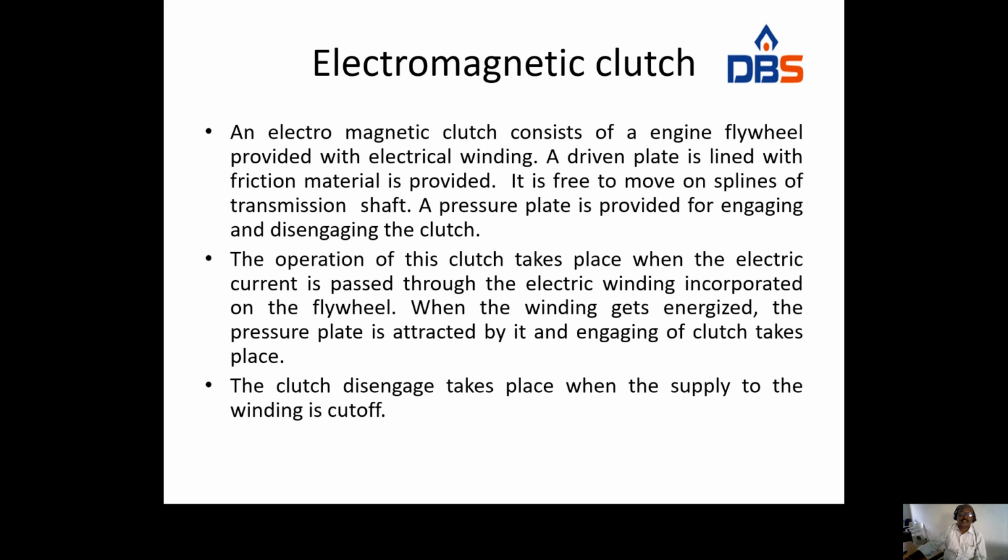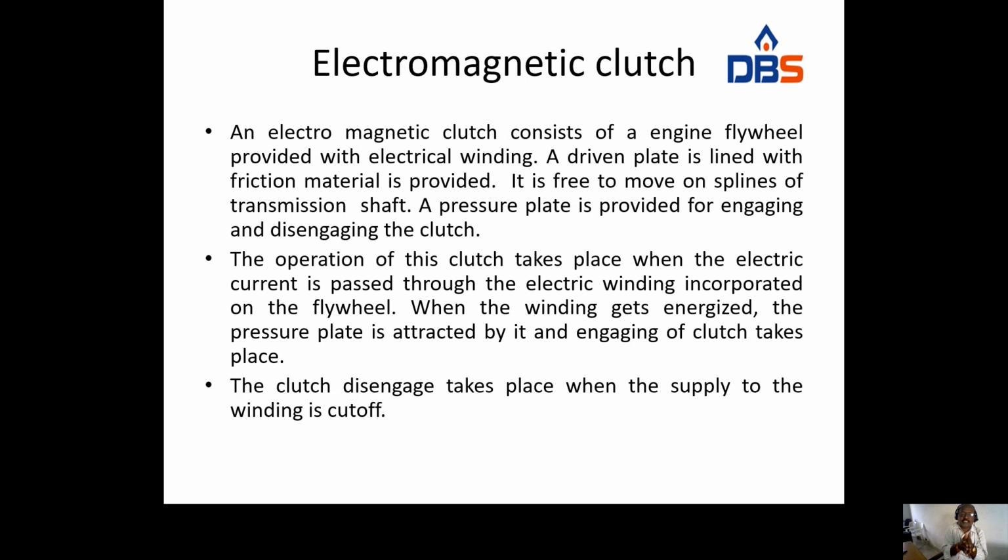The operation of this clutch takes place when the electric current is passed through the electric winding incorporated on the flywheel. When the winding gets energized, if you supply the power, the winding acts as a magnet and attracts the pressure plate.